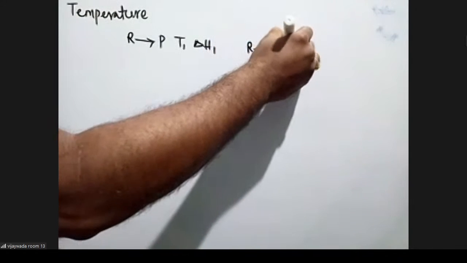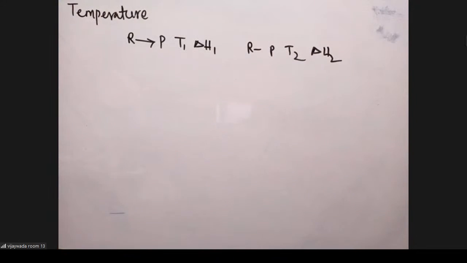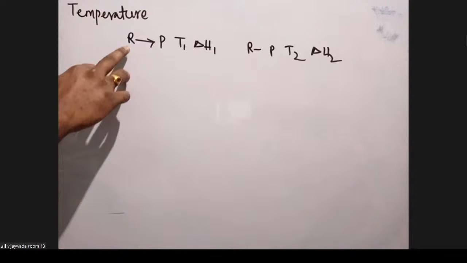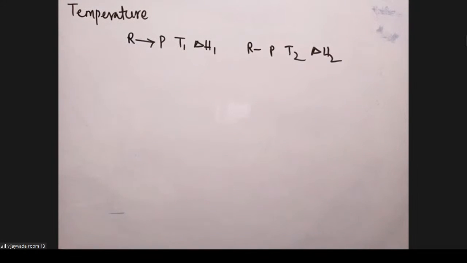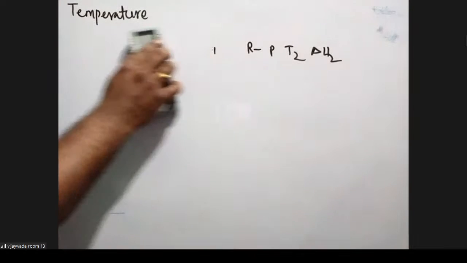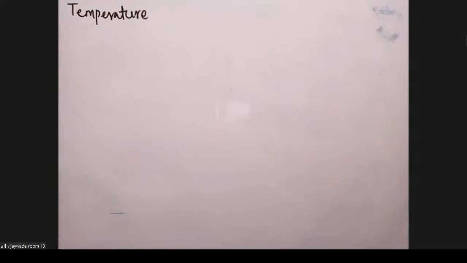If you perform the same reaction at temperature T2, there will be a new heat of reaction, delta H2. So when temperature changes, the heat of reaction also changes. Why? At different temperatures, the heat capacities of reactants and products are different. So there is a significant effect of temperature on chemical equations.